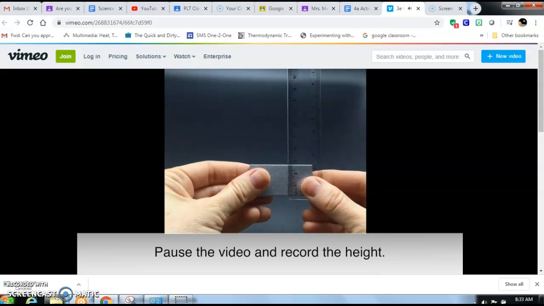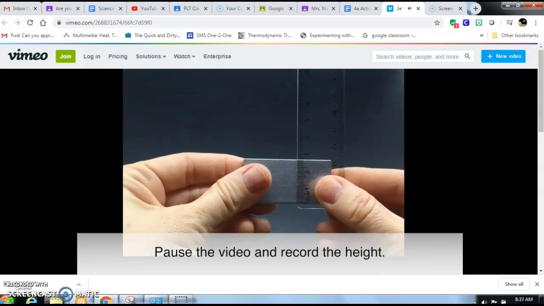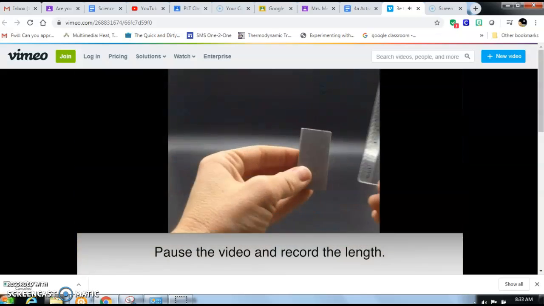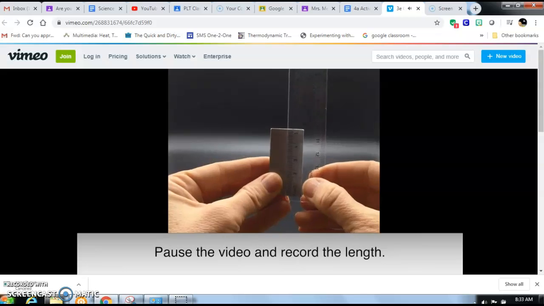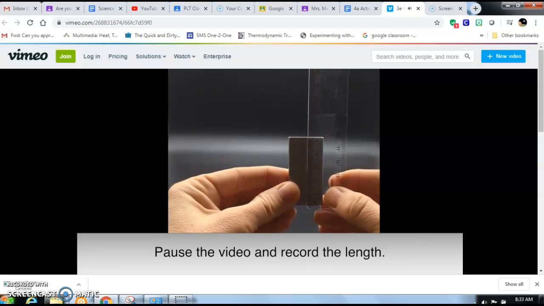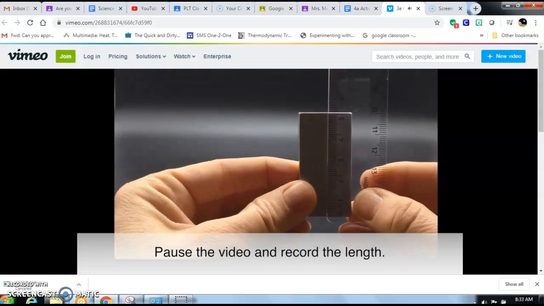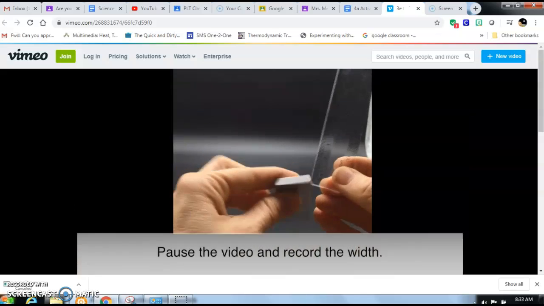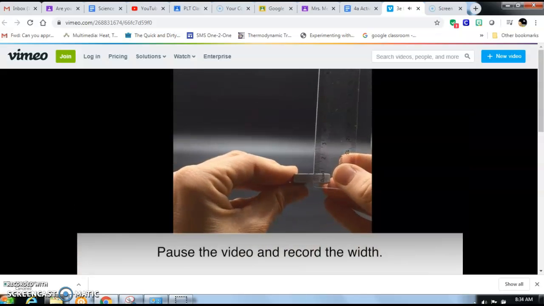Aluminum. Pause the video and record the height. Pause the video and record the length. Pause the video and record the width.